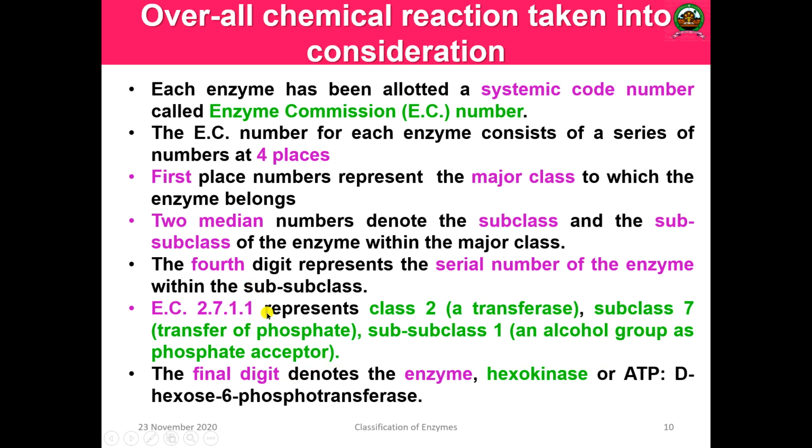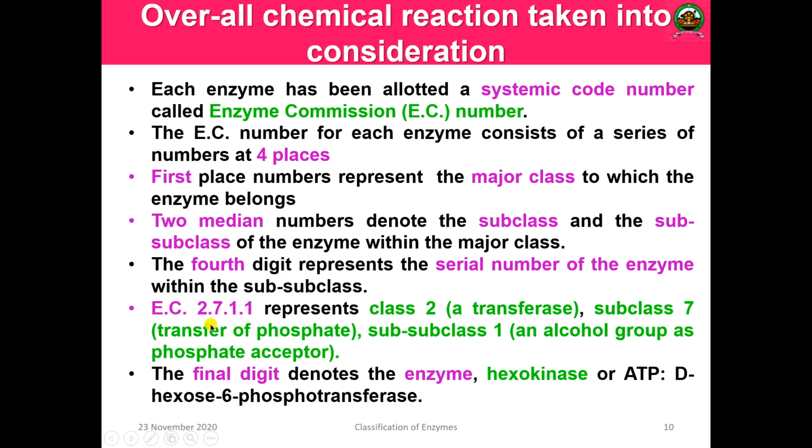And the final number indicates the name of the enzyme, say for example hexokinase, or ATP:D-hexose 6-phosphotransferase. This hexokinase is a trivial name, and the systematic name is ATP colon D-hexose 6-phosphotransferase. So that is clearly indicating which class it comes under. That is the EC number, EC 2.7.1.1.